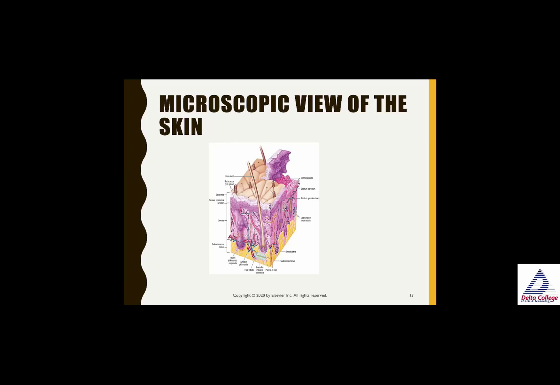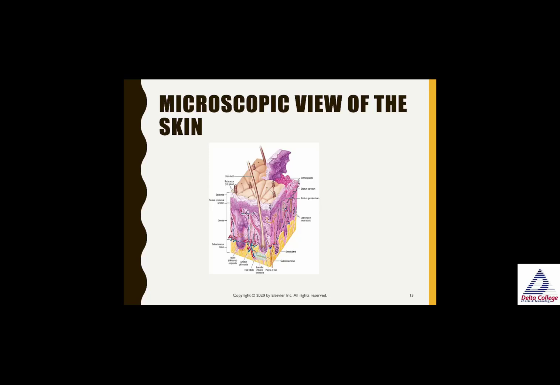Then you have the subcutaneous tissue at the bottom, this yellow subcutaneous layer. We also call this adipose or fatty tissue, also known as the hypodermis. I always think of adipose tissue as yellow.